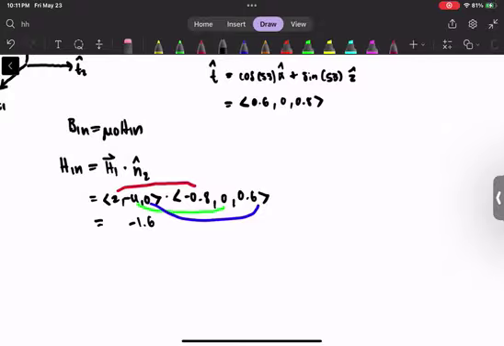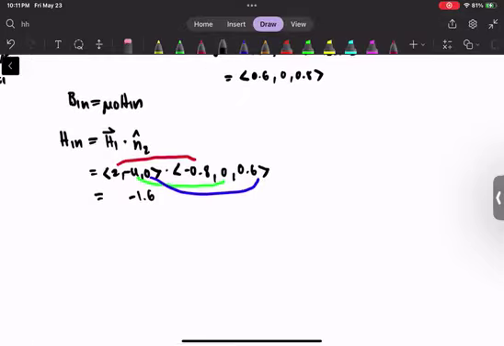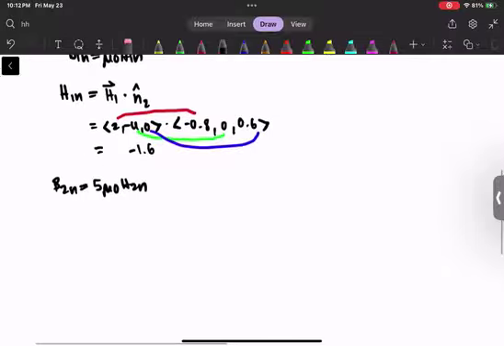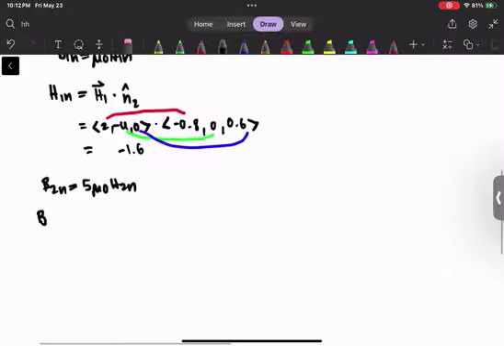Okay, so now to find B2n, it is 5 mu naught H2n, based on our relationship. So we can combine these.